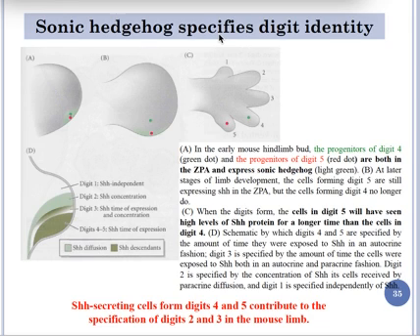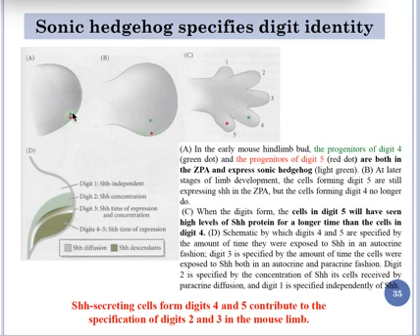So how does sonic hedgehog function during the formation of the digits, as we have seen that sonic hedgehog is the main agent of the ZPA? Here we have an early mouse hind limb. The mouse hind limb bud is formed by a mesenchyme which is not segregated into digits at the beginning. In the ZPA zone, right here, we can see two dots.